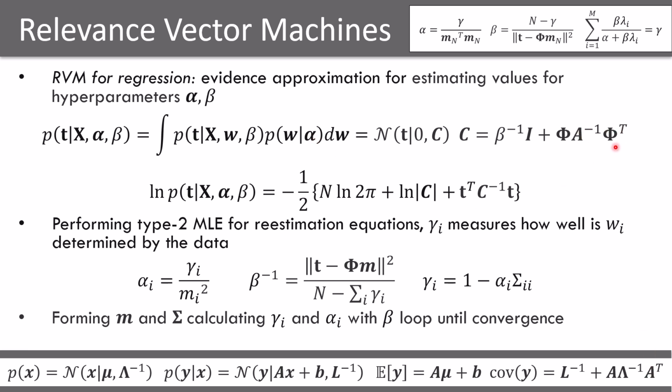So we have now defined the evidence, or the marginal likelihood, and then we will simply perform the maximum likelihood estimation of this probability distribution in order to find the values maximizing it for given alpha and beta.